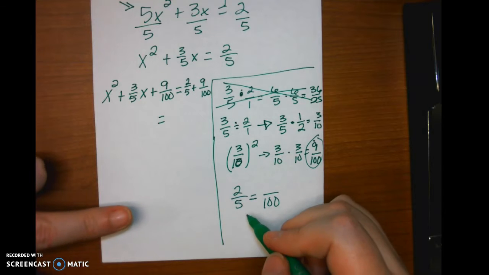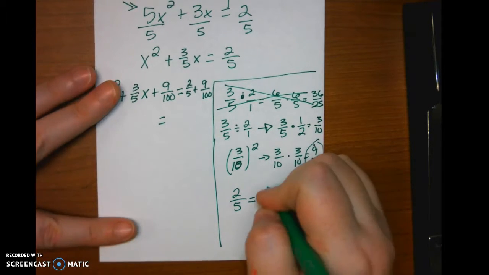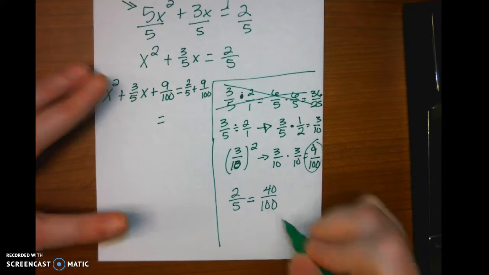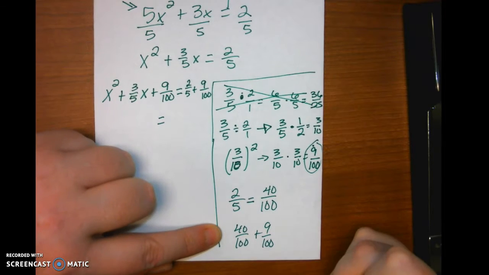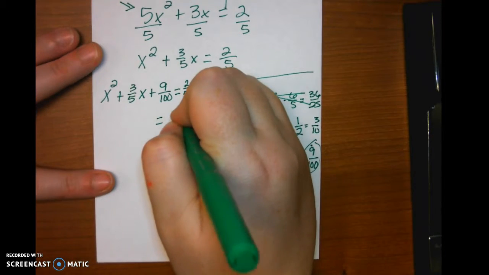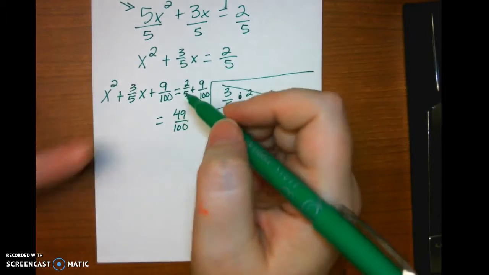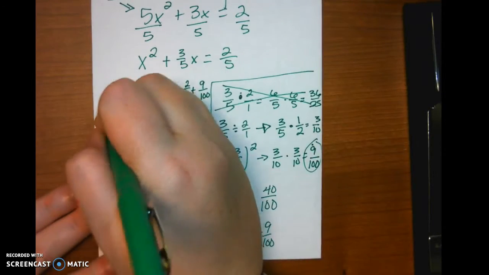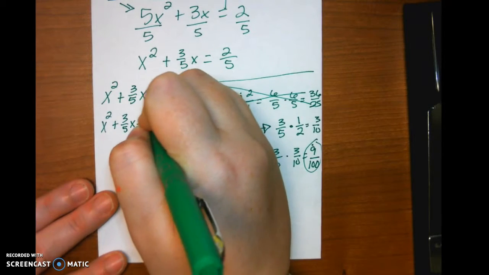And then 200 divided by 5 is 40. Okay, 40 hundredths. So I've got 40 hundredths plus 9 hundredths gives me 49 hundredths. That's nice. I like that. That's good. Okay, cool. So now I've got x squared plus 3/5 x plus 9/100.